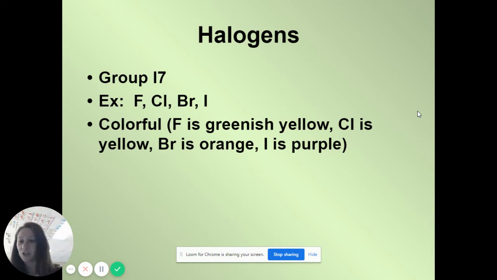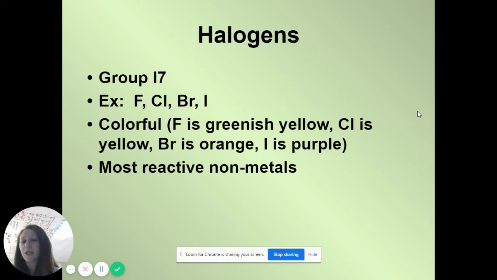Iodine is actually this very, very dark purple solid that, because it's so dark, it almost looks black, but if you dissolve the iodine in water or in a solution like hexane or something like that, then you can see that it's purple. So these are really, really colorful, which is not common for the elements on the periodic table.